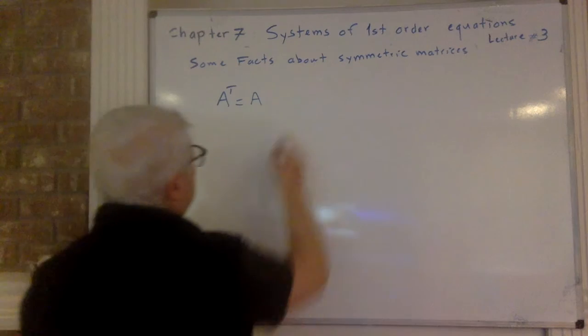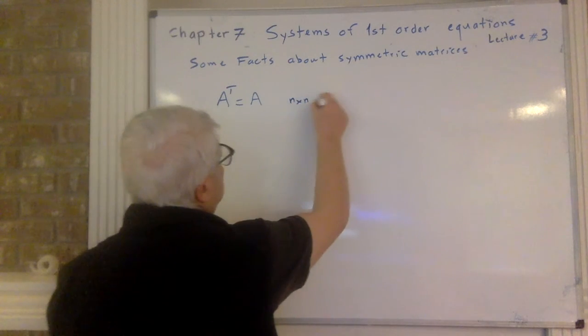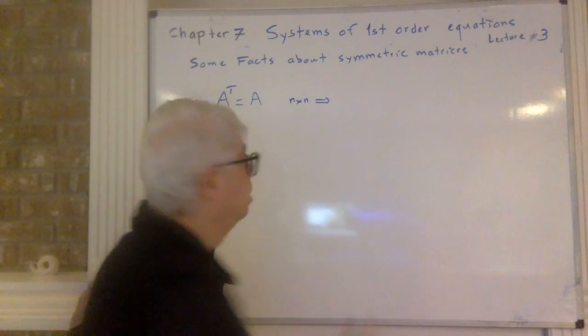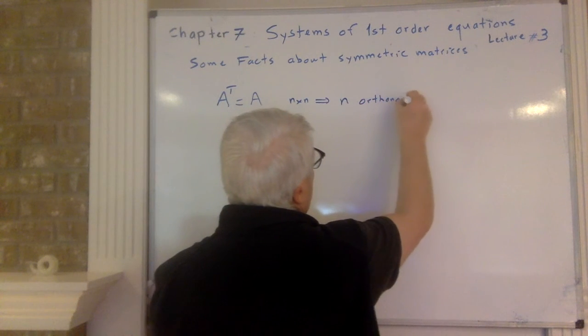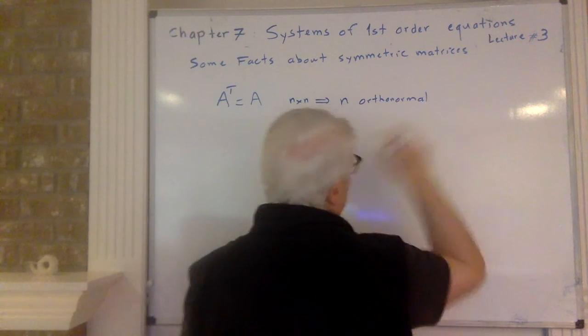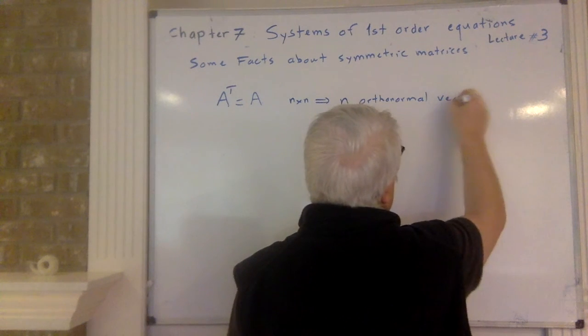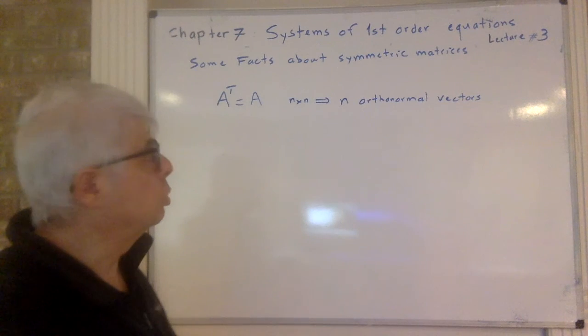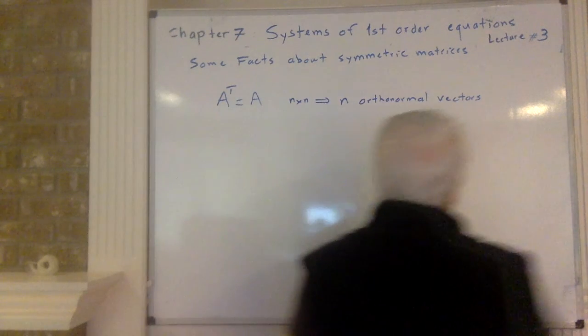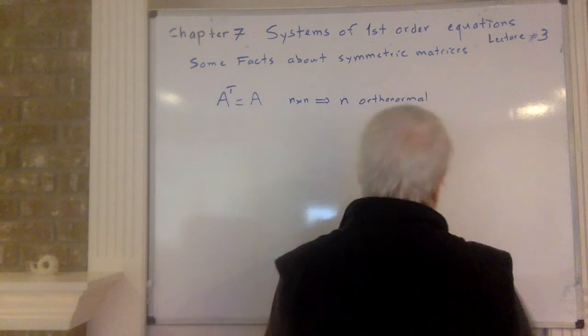If it is n by n, it gives me n orthonormal eigenvectors. Okay, so that gives me n orthonormal eigenvectors.